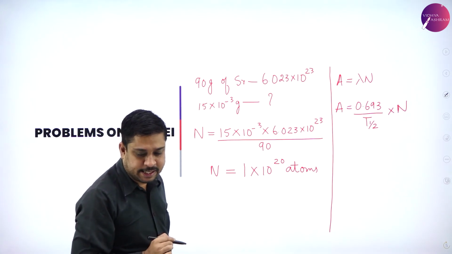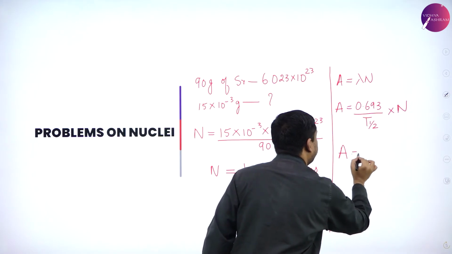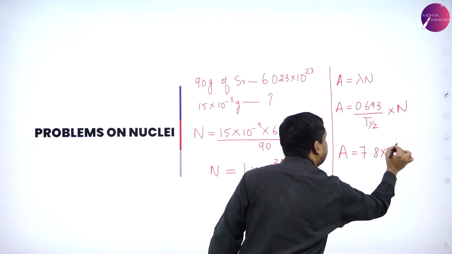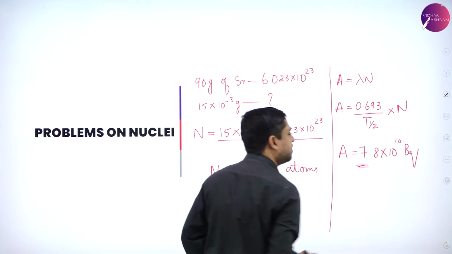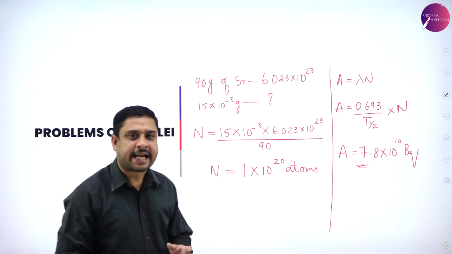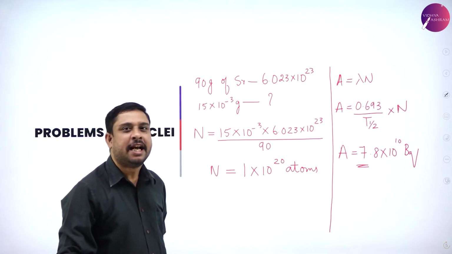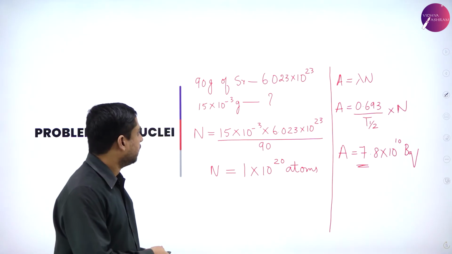So when you simplify, we get 7.8 into 10 power 10 becquerel as the answer. So the activity of the sample is 7.8 into 10 power 10 becquerel. Next one.